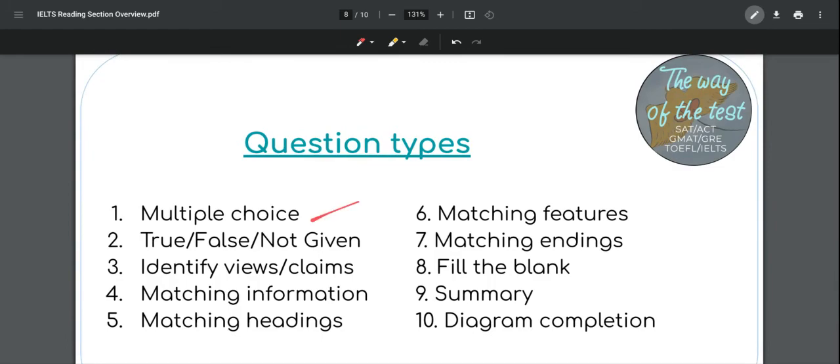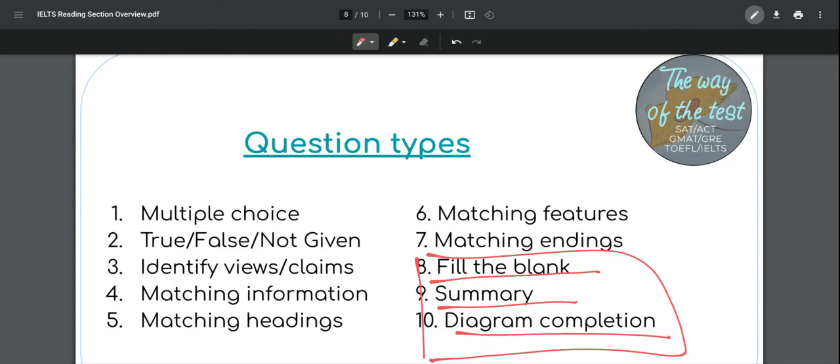So we have multiple choice, true, false, not given, identify views or claims. Give me a second. Matching information, matching headings, matching features, fill in the blank, summary, diagram completion. So the fill in the blank question is its own kind of question. The summary is a type of fill in the blank. The diagram completion is a type of fill in the blank. So all of these are pretty much filling the blank. If you notice, I'm going to change the color.